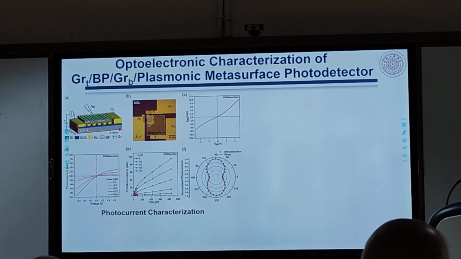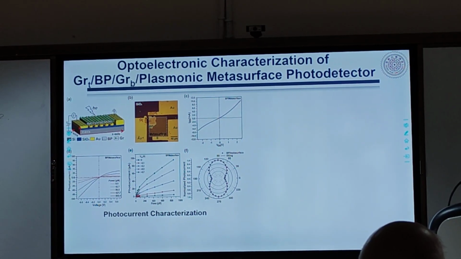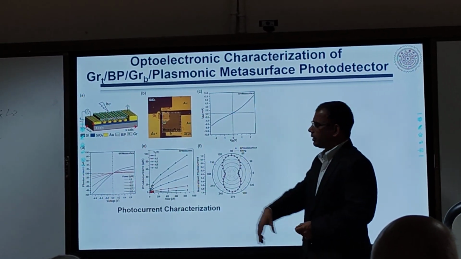Next, here is our device. We have done the dry transfer method, top electrode. This is the schematic, and this is our actual device.